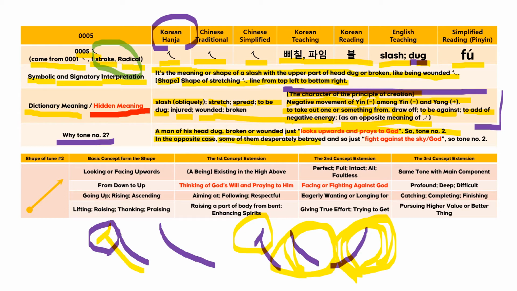And in the opposite case, some other people desperately betrayed and so fight against the God and sky. So tone number 2. So please refer to the another lecture of the tone number principles for tone number 2. Yeah, thinking of God's will and pray to Him, and facing or fighting against God.